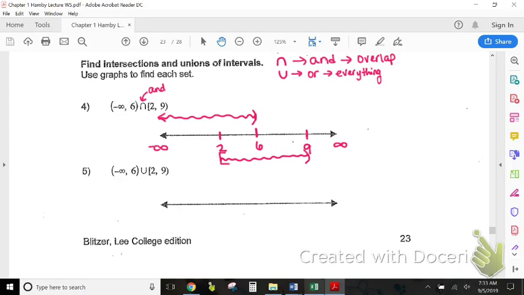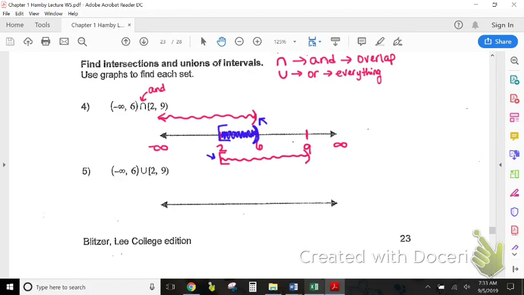Alright, then remember this is an "and." We're only going to graph where they overlap. So where do those 2 graphs that I just drew above and below, where do they overlap? Yeah, right there between 2 and 6. And so that's going to be my actual solution. I can see the 2 from the bottom has a bracket, so I'm going to put a bracket. And the 6 is from up top, it has a parenthesis, so put a parenthesis there.